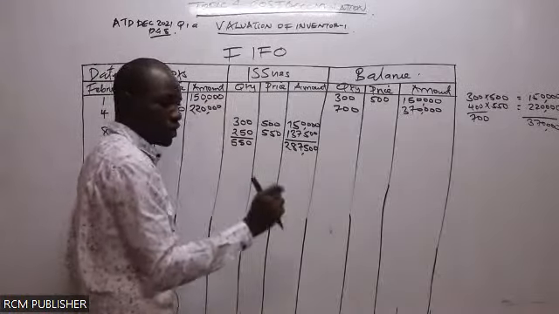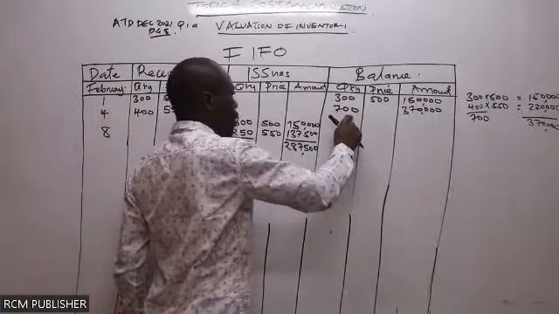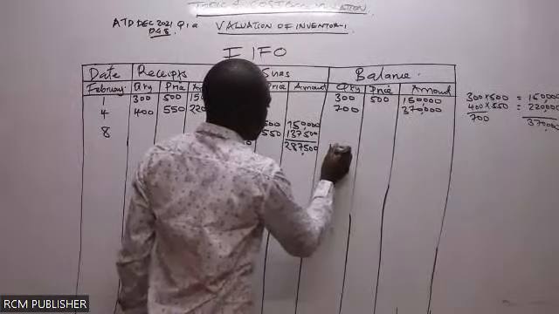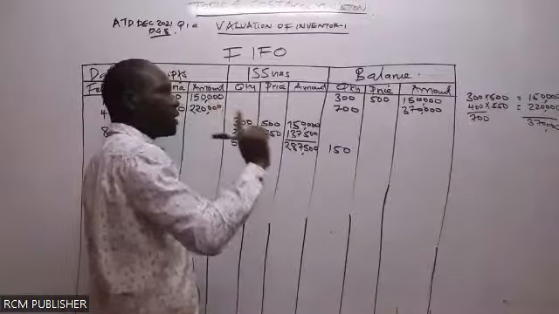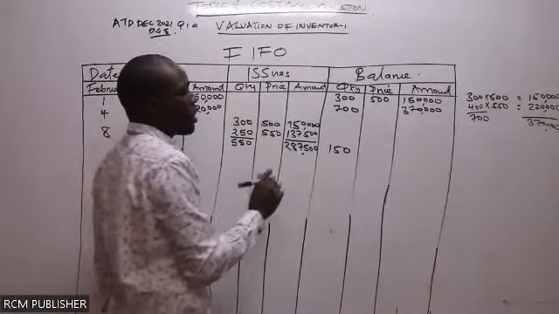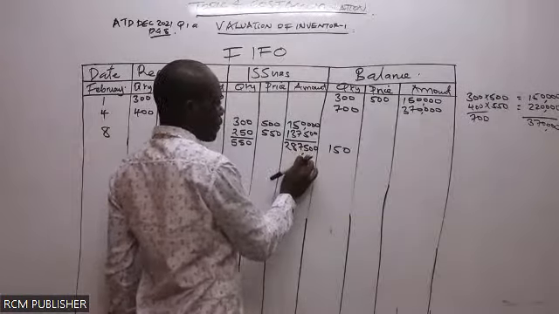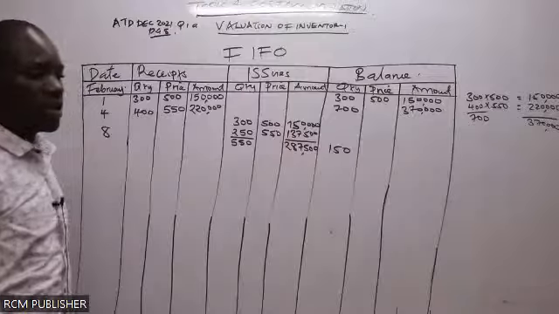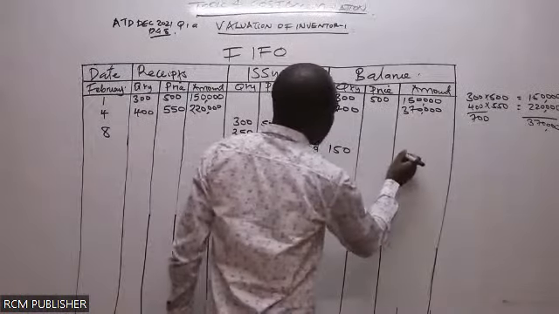In terms of units, I've taken 550 from 700. So how many units am I remaining with? I think I should be remaining with 150 in terms of units. How about in terms of amount or the value? I'll be taking 370,000 minus 287,500. So what are we getting there? 82,500.